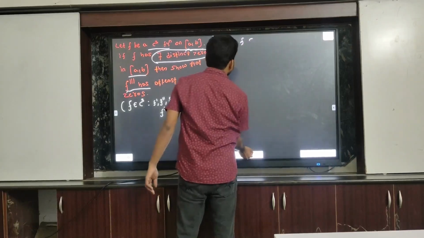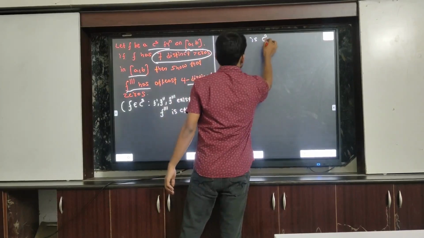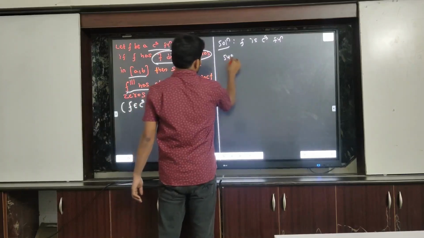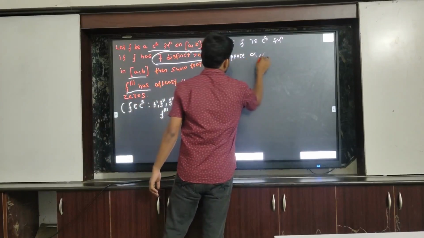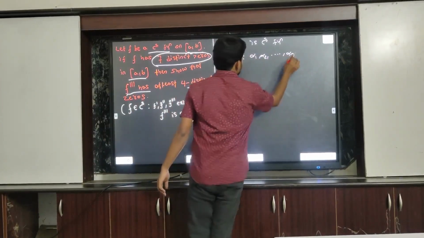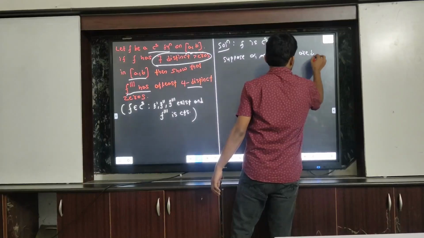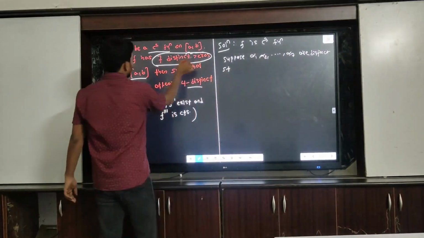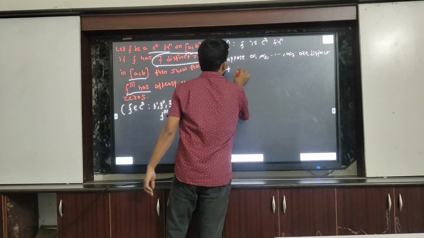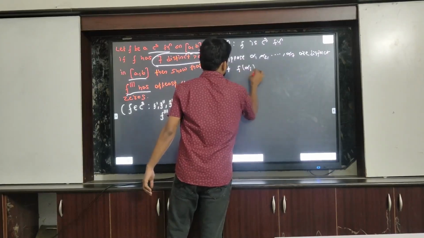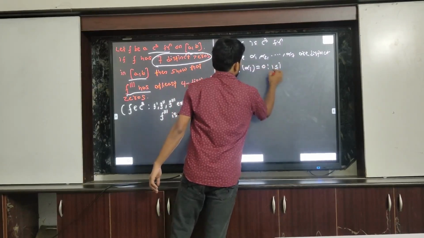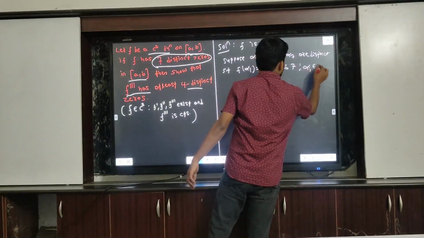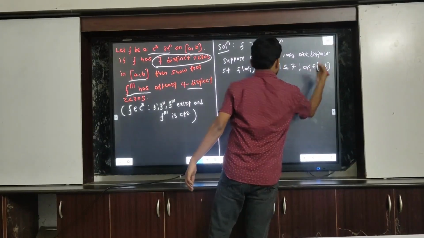F is a C3 function, and suppose alpha 1, alpha 2, up to alpha 7 are distinct, such that f of alpha i is equal to 0, i from 1 to 7, and alpha i belongs to this interval.